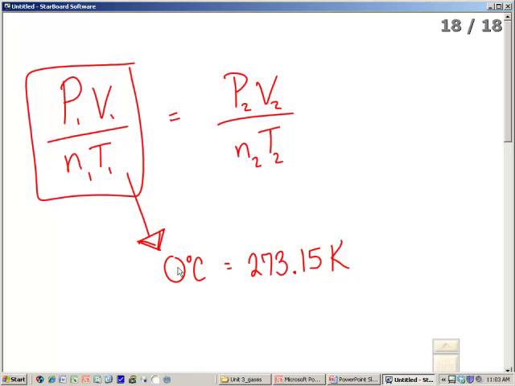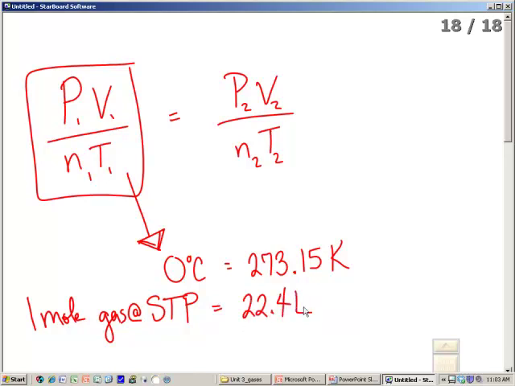Now at standard temperature, so at STP, standard temperature pressure, do you remember this? What is 1 mole of gas at STP? 1 mole of any gas at STP is equal to 22.4 liters.